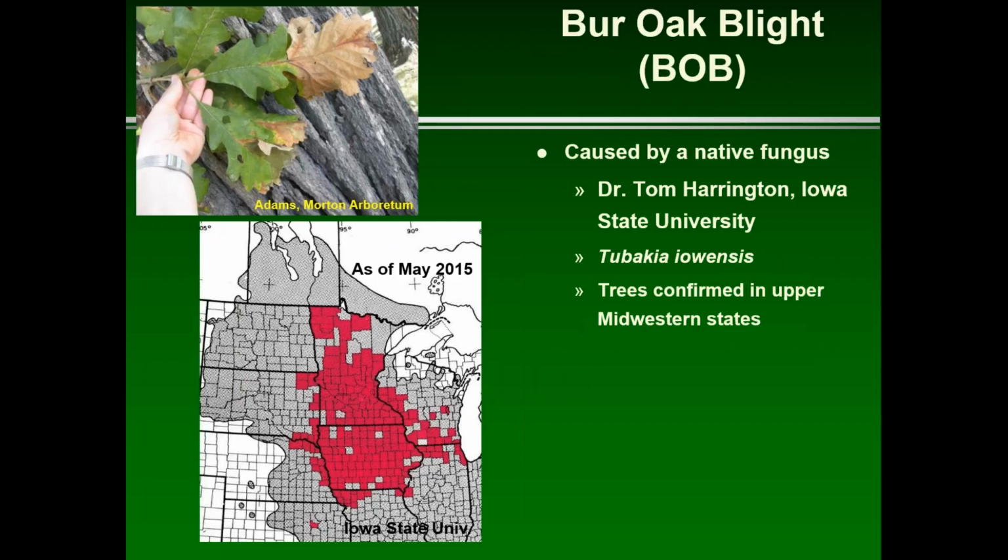Bur Oak Blight, affectionately known as Bob, is caused by a native fungus that was identified by Dr. Tom Harrington at Iowa State University.